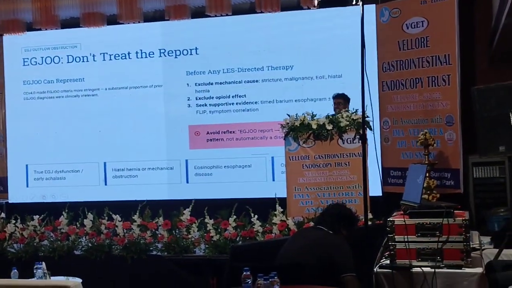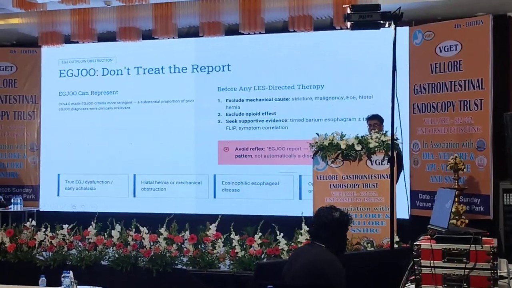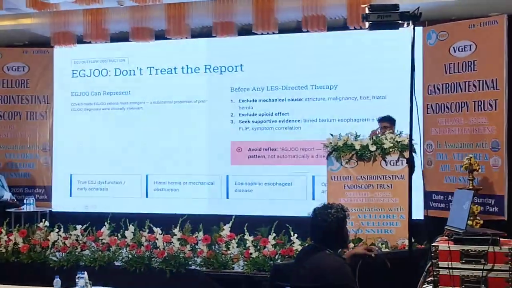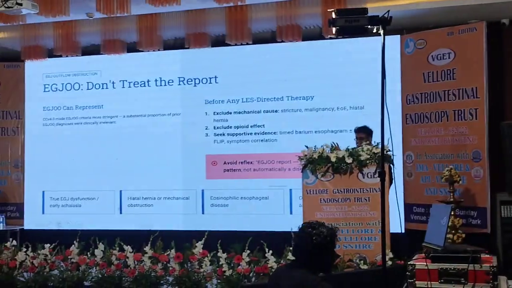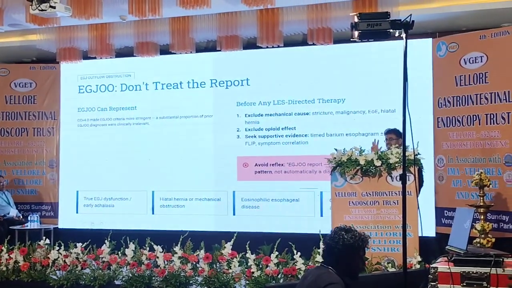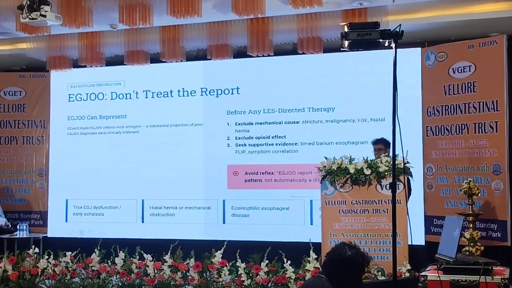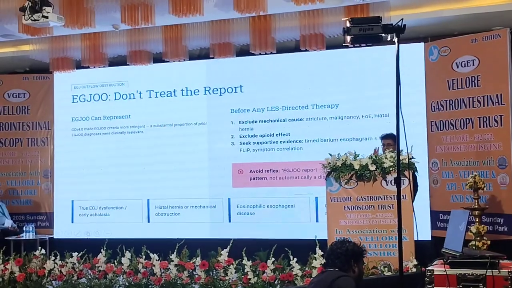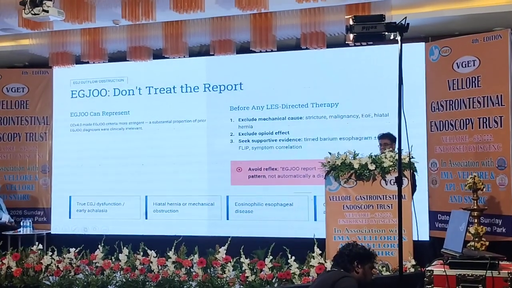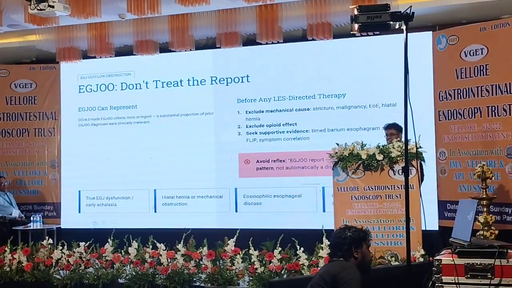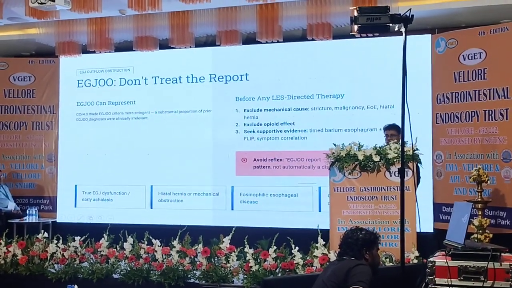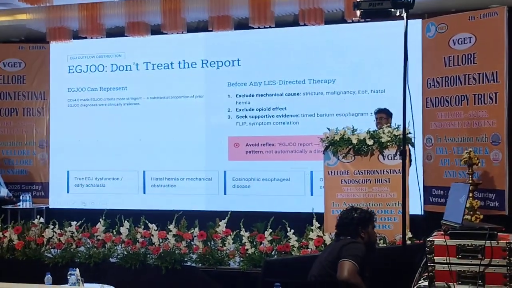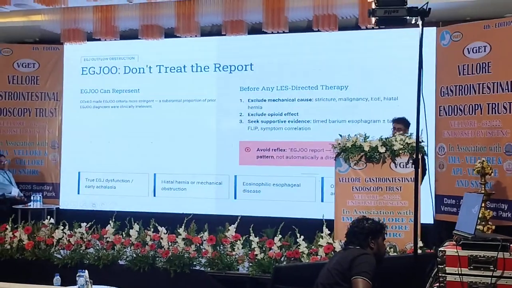And we have already discussed the other differential entities like EGJOO, in which the esophagogastric junction is not opening, but the peristalsis is still maintained, followed by the very important thing, the integrated relaxation pressure, the high IRP. I think in manometry they'll be discussing all these entities, but if there is a high IRP, followed by esophageal contraction still being maintained, it means the patient has evidence of EGJOO.